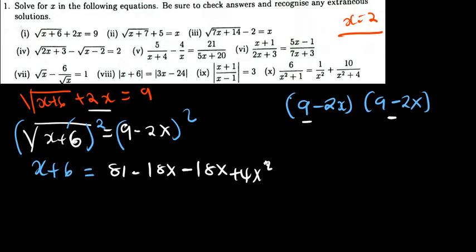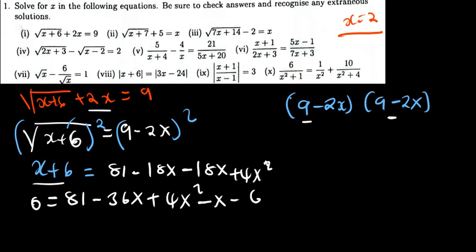So I have 0 is equal to 81 minus 36x, negative 18x minus 18x, then plus 4x squared, minus x, shifting these to the other side, minus 6.